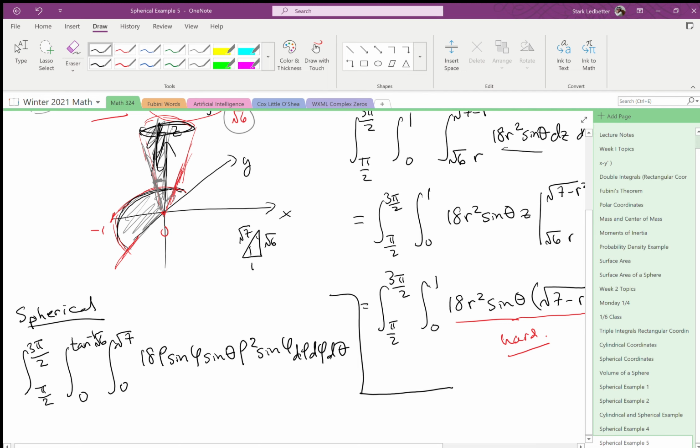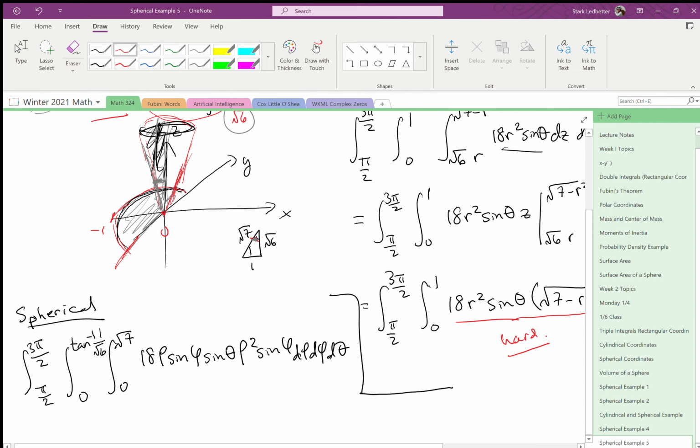So phi goes from 0, because I want the top part. Actually, I lied, not tan inverse root 6, tan inverse 1 over root 6, right? Because the angle I'm looking for is the smaller angle, which will actually be equal in value to that top angle there.